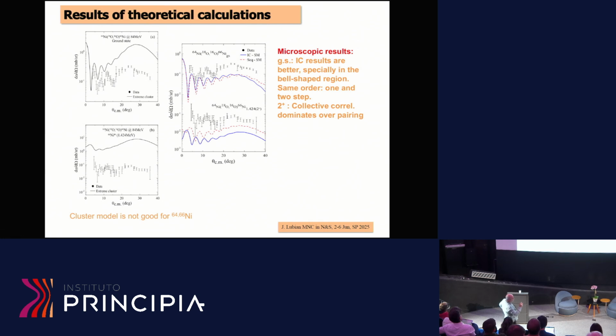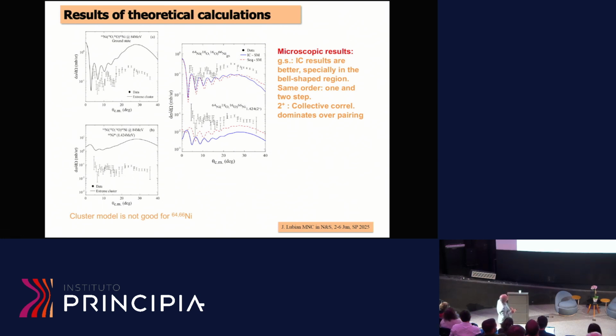And also, we observed that for the ground state both models have about the same order, but for the first 2+ state of nickel-66, the sequential two-step transition is dominant over the direct correlated two-neutron transfer.